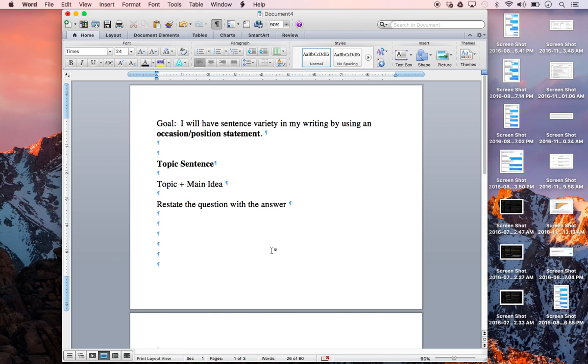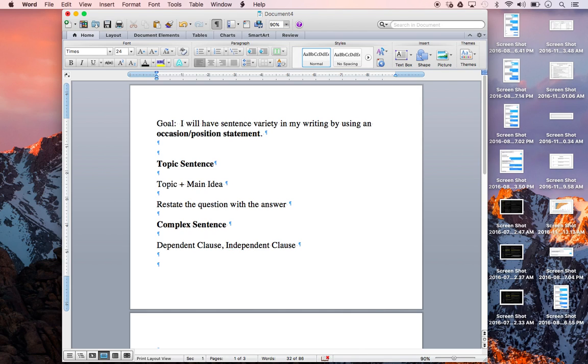Now, I know that we've just reviewed this not too long ago. But what is a complex sentence? You should recall that it is a dependent clause with a comma and an independent clause.